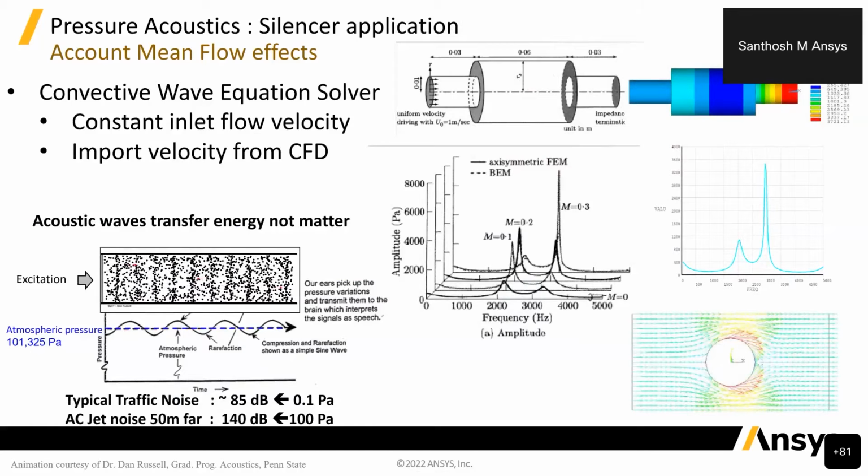There are applications where the flow velocity does impact the transmission loss. In those situations, we can import the velocity field of the flow from a CFD simulation into Ansys Mechanical, or Ansys Mechanical itself has a convective wave solver, which can solve for both the flow pressure and the acoustic pressure.